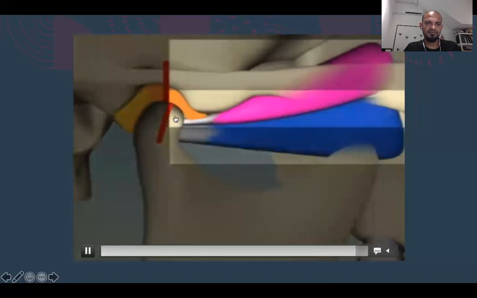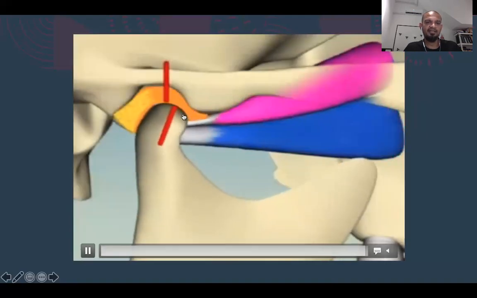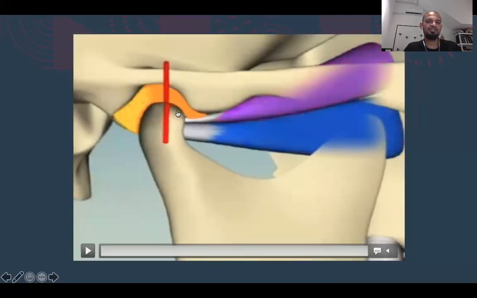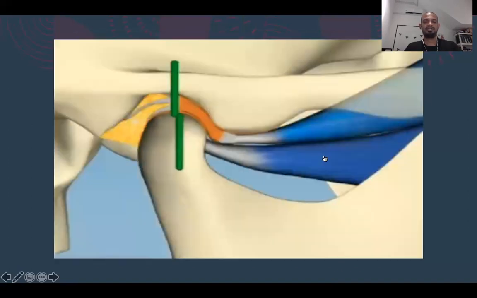Right, now let's look at how a displacement looks. So again, this is the normal jaw movement happening.